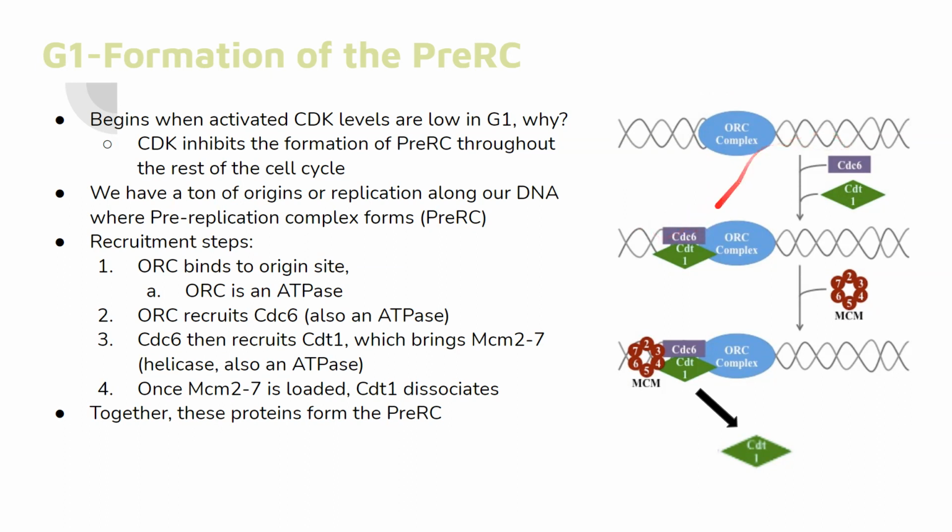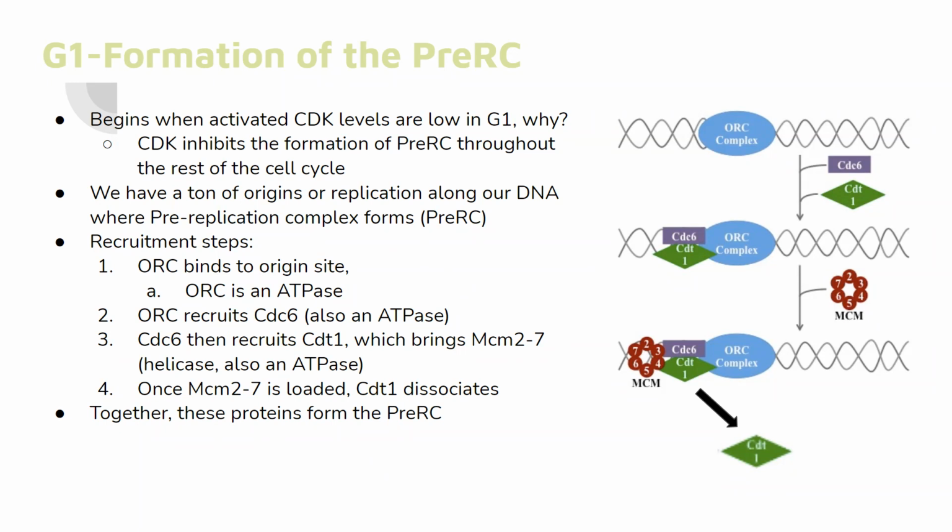So you get the CDC6 to bind to ORC, and then when CDC6 is bound, then CDT1 can bind because CDC6 recruits CDT1. Just a side note, to help you remember these, I like to draw them out, because it helps me remember the order of things, and reading these out loud won't really stick for a lot of people.